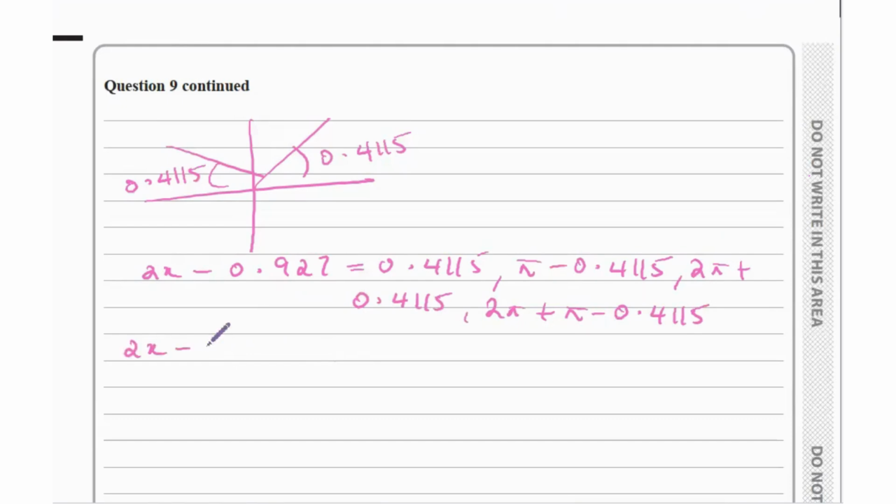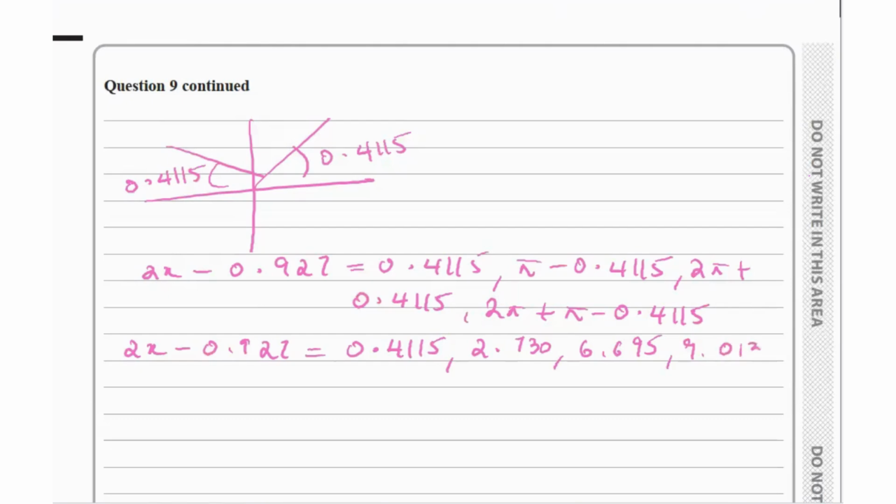All of these are going to give us values of 2.730, 6.695, and 9.013.